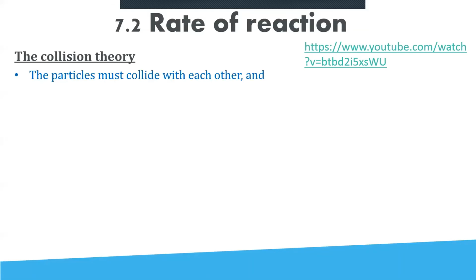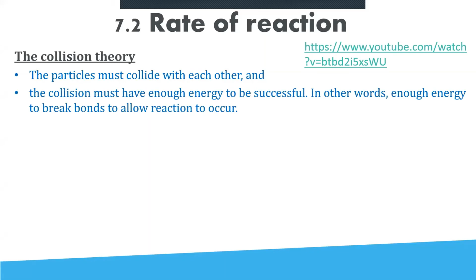Okay. So the collision theory says that in order for the particles to react, they must collide with each other, and the collision must have enough energy. So in order for the collision to occur, the particles first should have enough energy to collide, right?